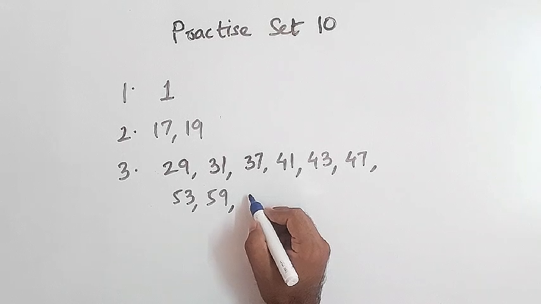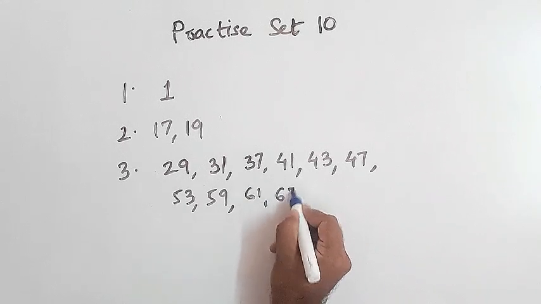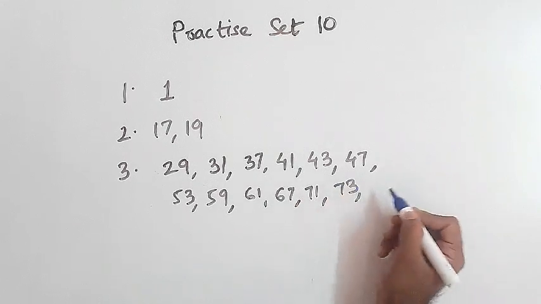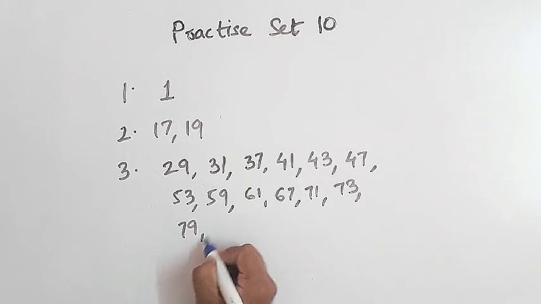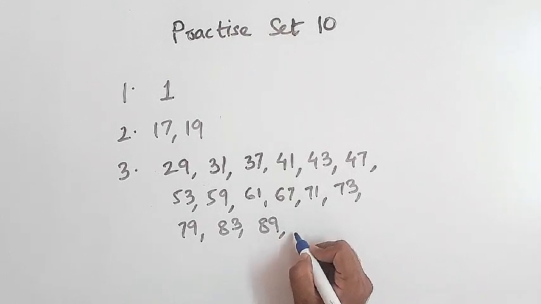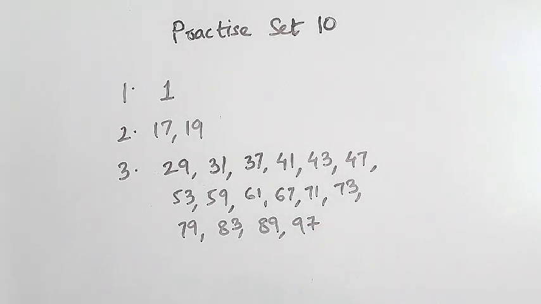Then 61, 67, 71, 73, 79, 83, 89, and lastly in the column of 90 you have 97. You cannot write 91, 93.